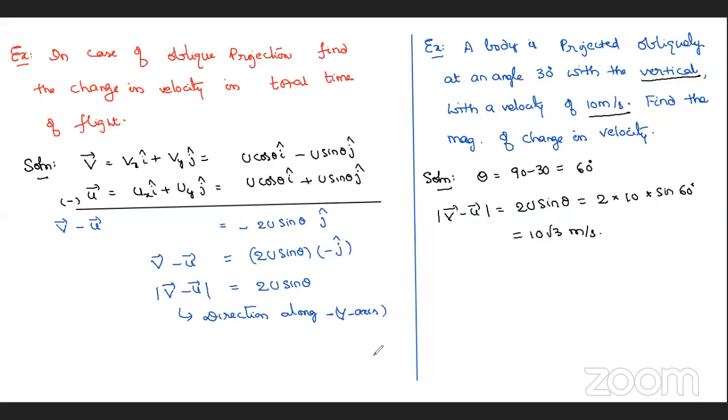As the angle to the horizontal is to be considered. Yes, correct only, Nana. That's why we have to take 60 degrees. Yeah, 10 root 3 correct only. Okay. Super. You are super.